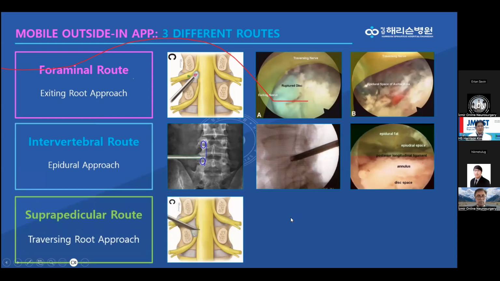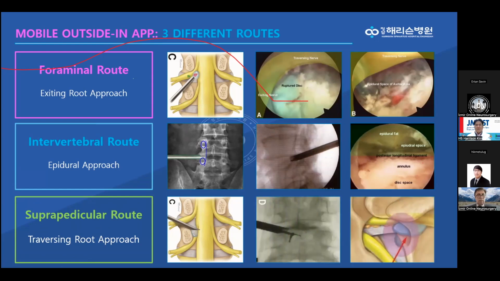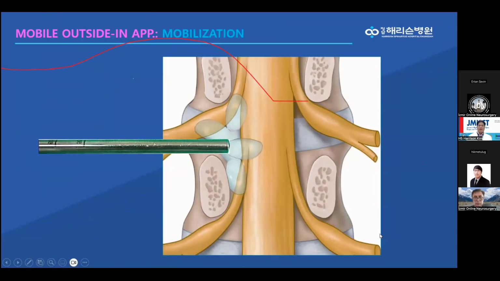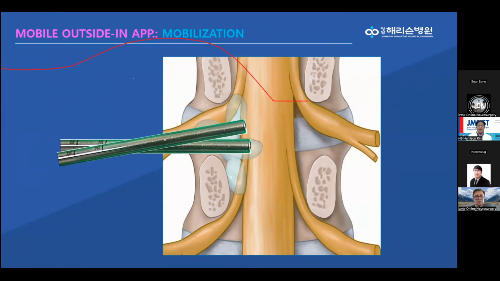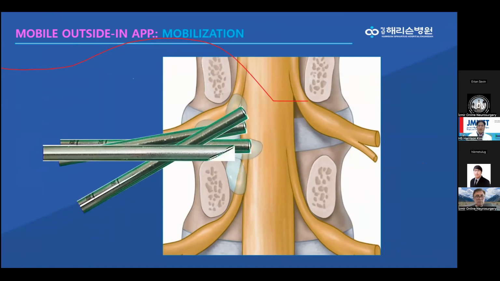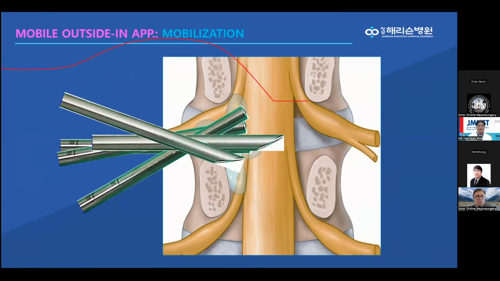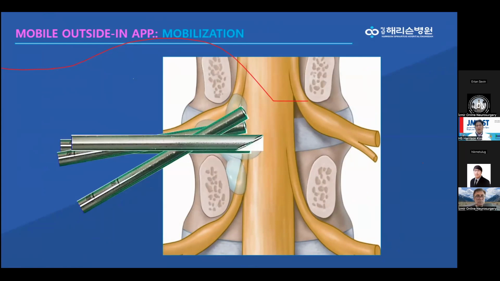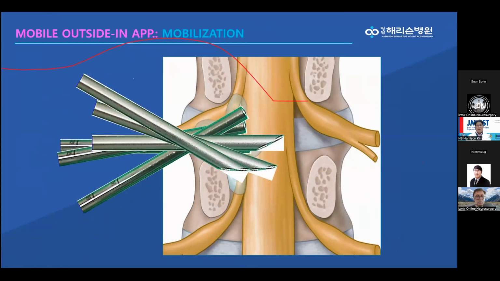And also in the suprapedicular route, there are obstacles of the bone structures. Exposing the suprapedicular route is the first step. Then we can go this way using the foraminectomy. Then the mobile outside-in technique, with this foraminal and suprapedicular approach, becomes possible.